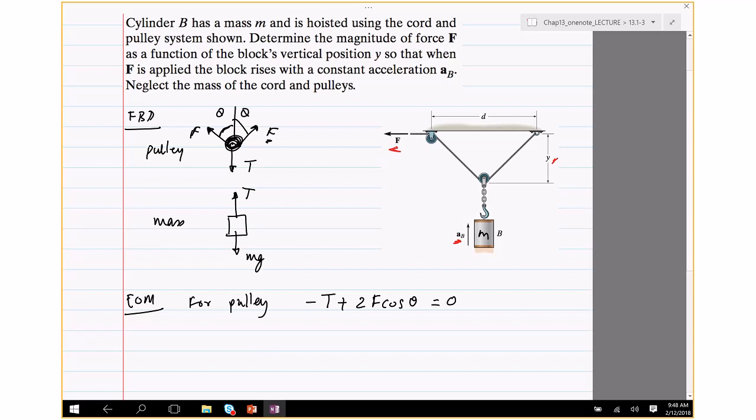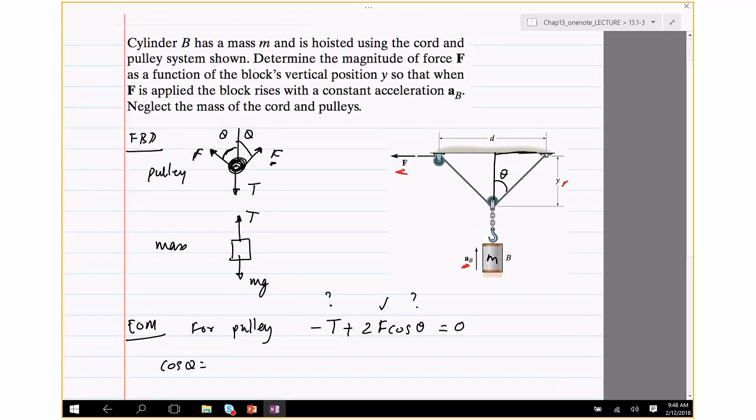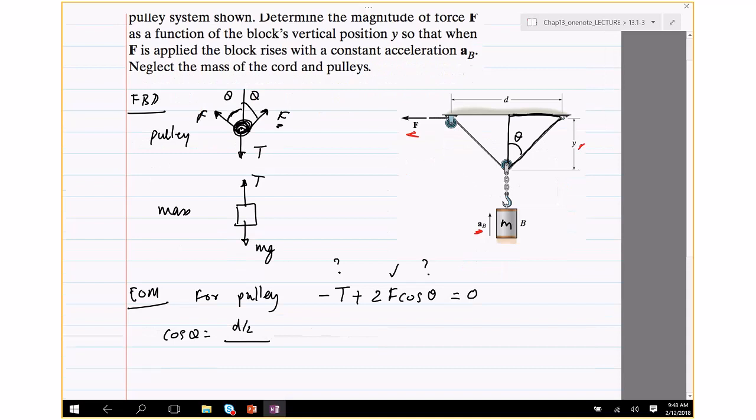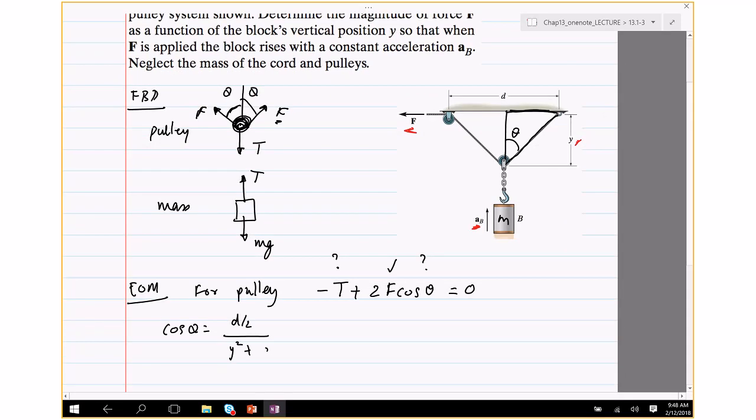Okay, so I know F, T is unknown, theta is unknown. Let's try to find theta using the geometry of the figure. So theta is this. Can you write an expression for cosine theta? Cosine theta is this side, which is d divided by 2, divided by the hypotenuse, which is the square root of y squared plus d squared divided by 4.